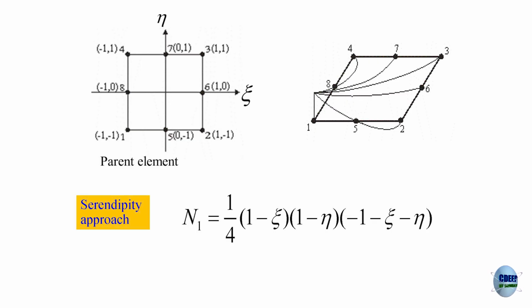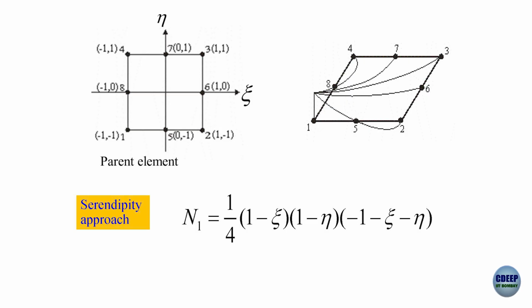So if you were to picturize this, it would look like this, correct? It would be some kind of a surface. So N1 is 1, then it has to be 0 at all other nodes. What would be that kind of a function?